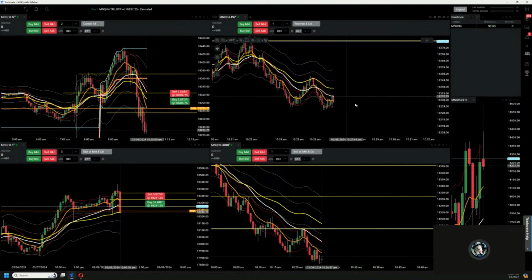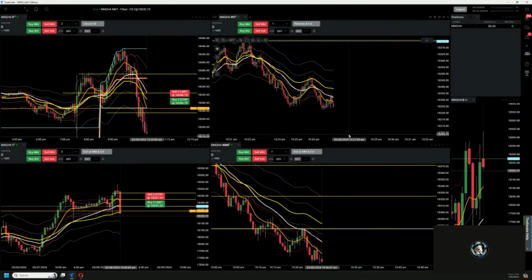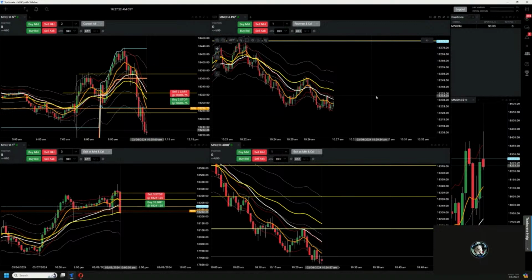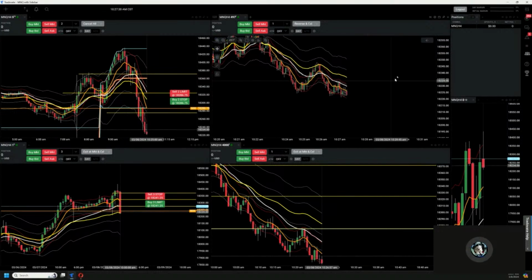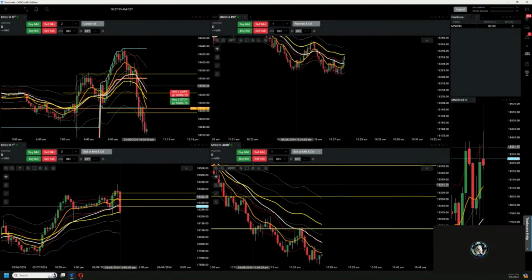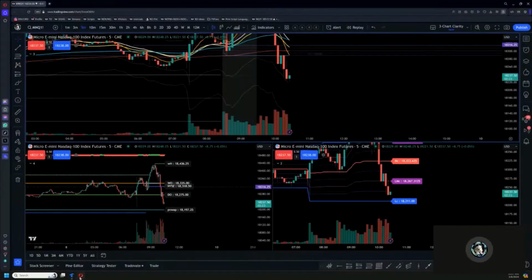Order filled. Still targeting the low for the day, but I don't know where it's going to turn. So I just got out profit. Pretty good sell off. All right, that might be a change there in momentum.